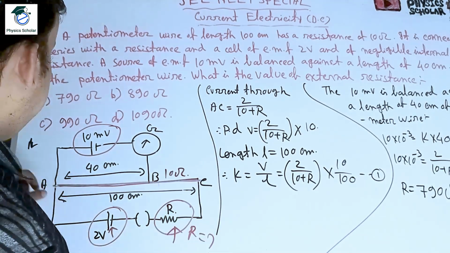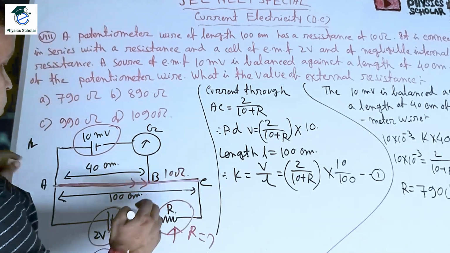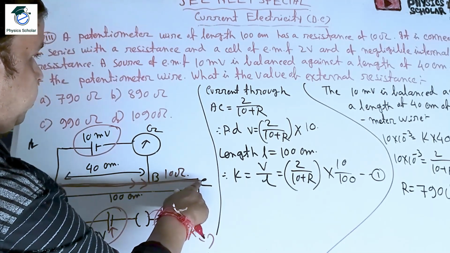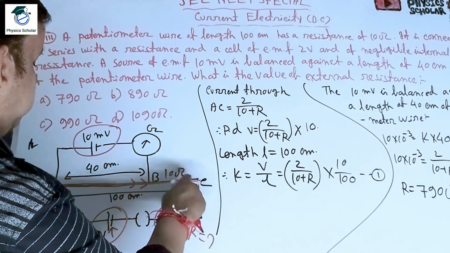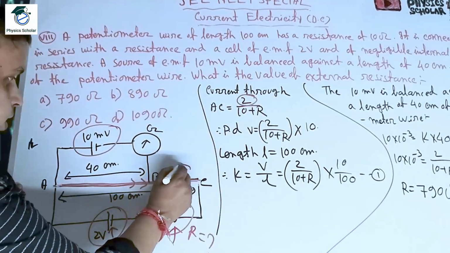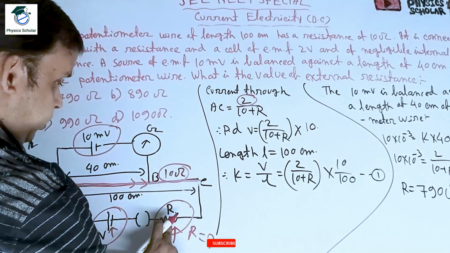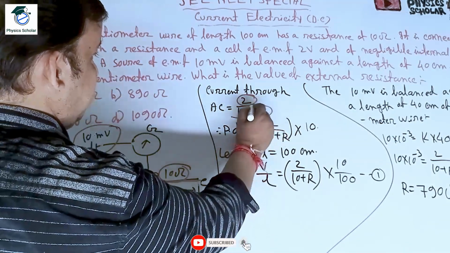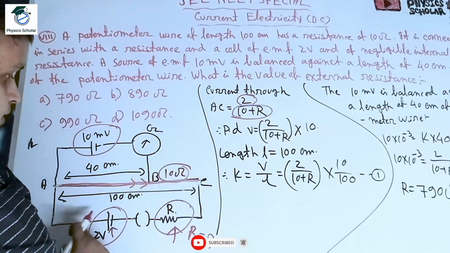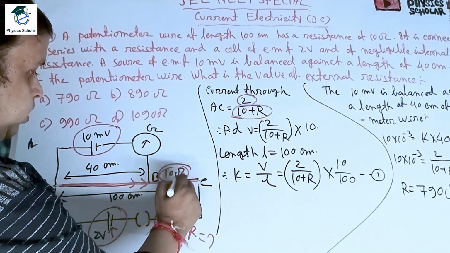Clear? Now the current through this potentiometer wire is what? Voltage divided by total resistance. What is the voltage? 2 volt. And the total resistance is the resistance of the wire plus the resistance of the external circuit, capital R. So 10 plus capital R. These are in series. So this will be this resistance plus this resistance.